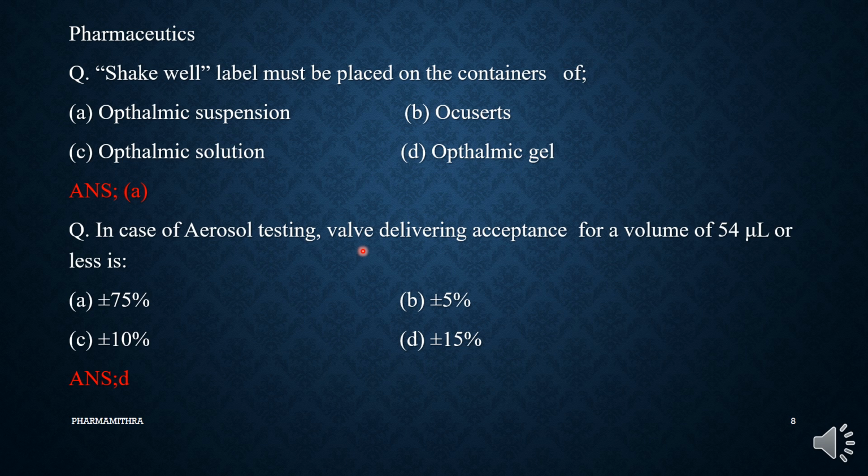Whereas if the valve size is between 55 to 200 microliter, it shows an acceptance of plus or minus 10 percent. So our question is 54 microliter or less, so the correct answer is plus or minus 15%.